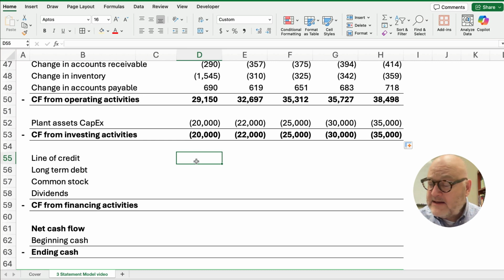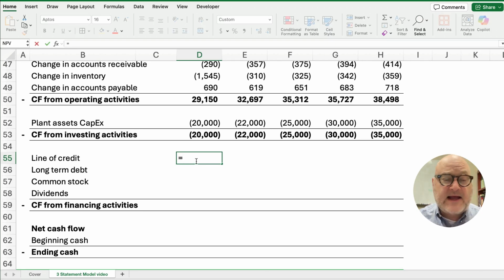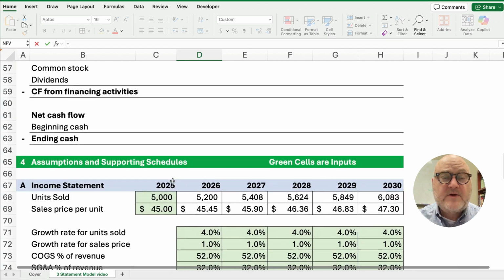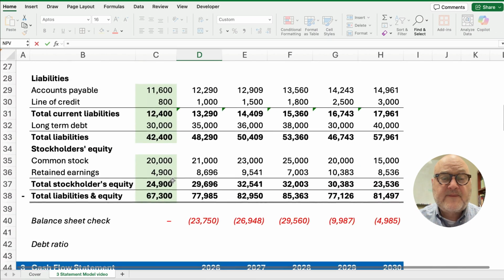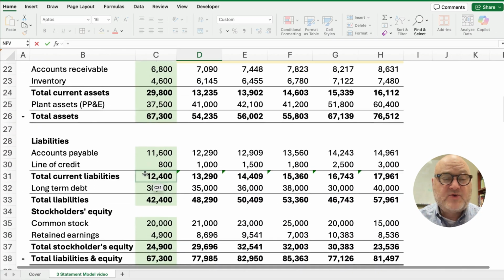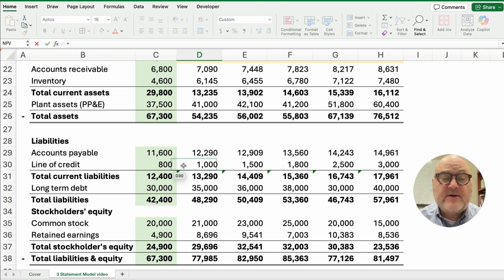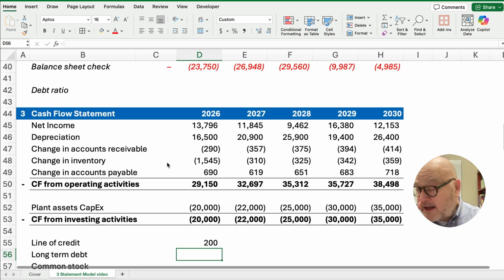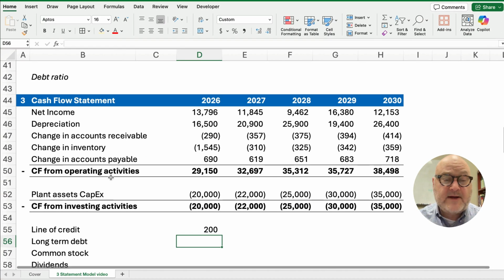Okay. Now, have we borrowed money? We have to figure out what's happening. Now, this is not going to be the total, this is going to be the change. So let's look at our line of credit, which is short term. We need to go up here. Our short-term line of credit started with 800 and went up to 1,000. So we've borrowed $200, so therefore our cash goes up. We've borrowed money.